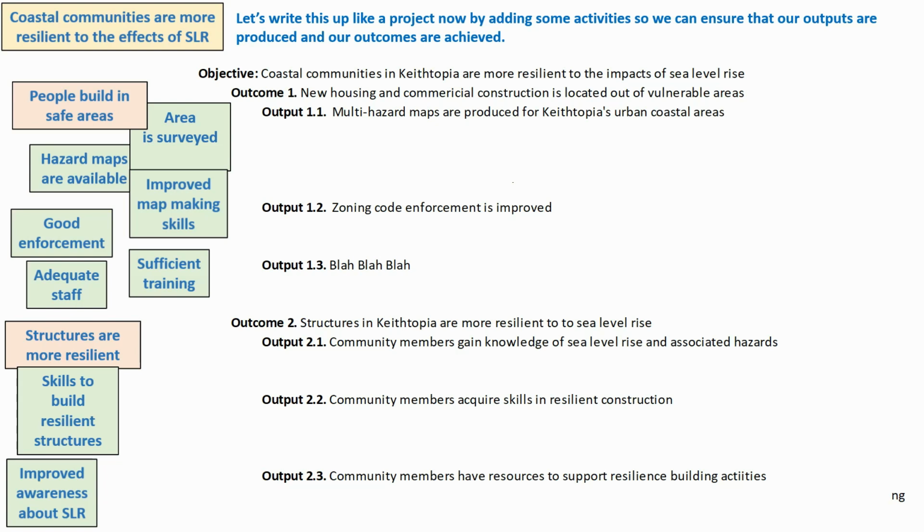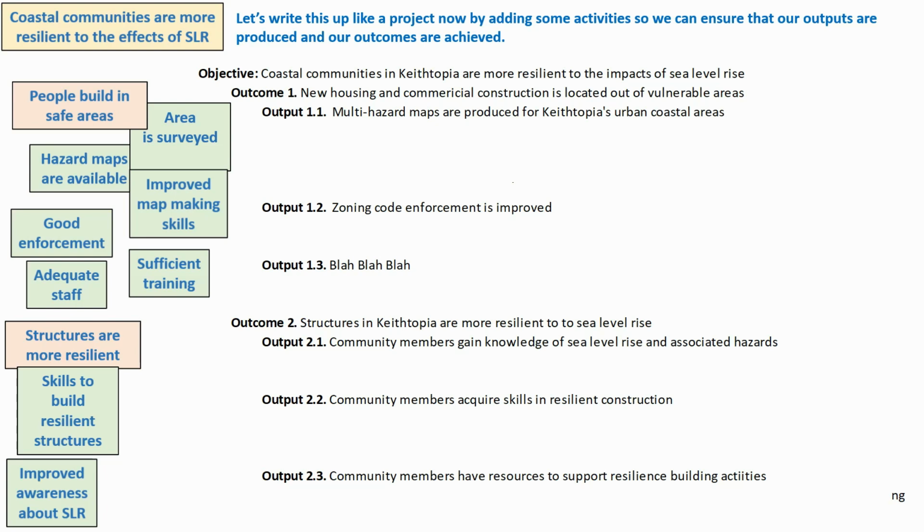I want to use activities that are most appropriate for this community in Keytopia. So you may use different activities in Keytopia, which is a small island developing state, than you might use in the Deccan Plateau in India, for example, or in various locations in sub-Saharan Africa.